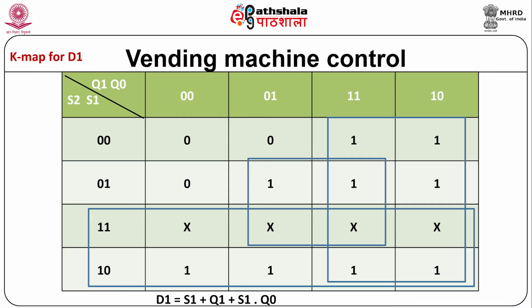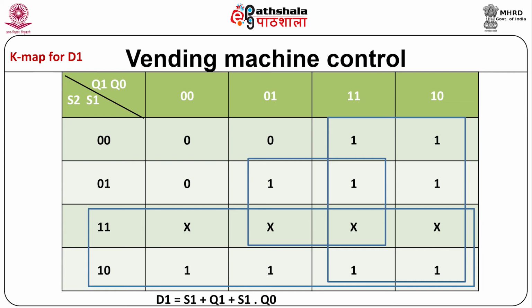The next step in FSM design is to prepare K maps for D1, D0 and outputs. Here D1 and D0 are the inputs of the D flip flop and output is the final output of the vending machine. It is a K map of 4 variables S2, S1 and Q1, Q0.